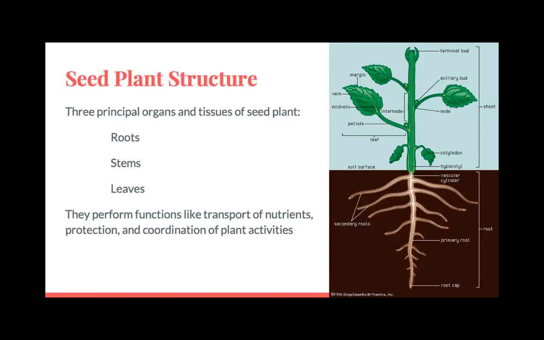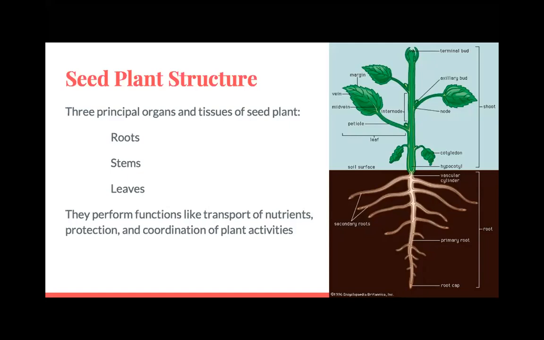The root refers to anything below the surface of the soil. Arguably, that might be the most interesting part of the plant, is what's happening beneath the soil. Up to half the plant's mass could be contained below the surface and we'll never see it. Kind of like an iceberg, okay?